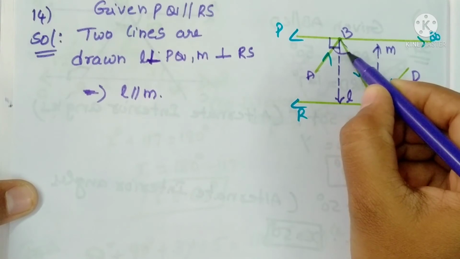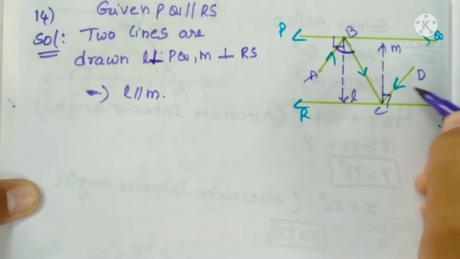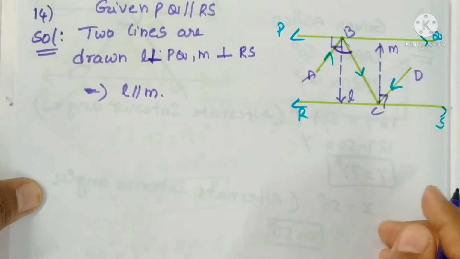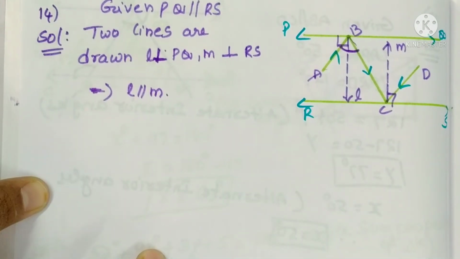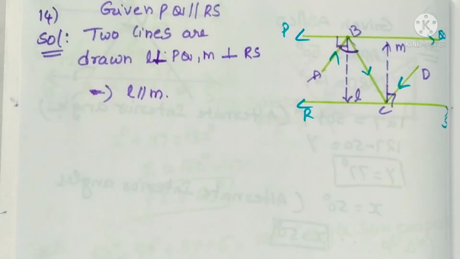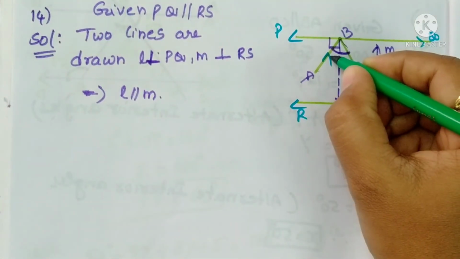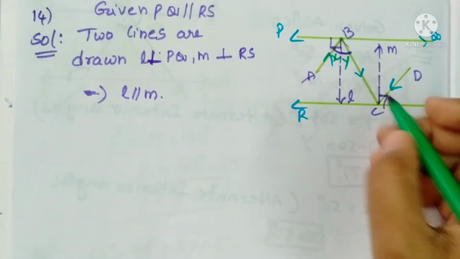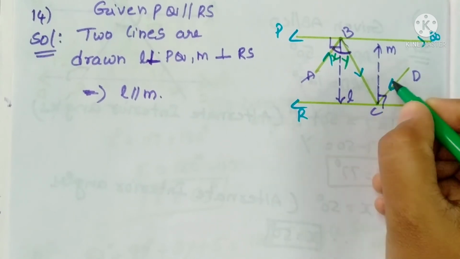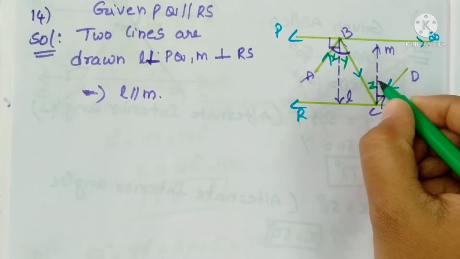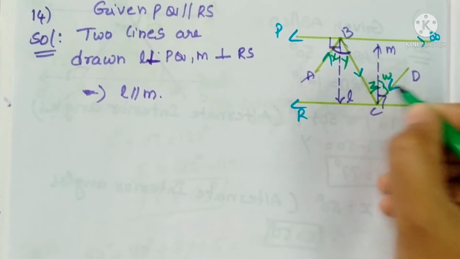So if angle ABC is equal to angle BCD, then they are parallel. Right. So before that, let this be x and here y. Here we can take anything z and this angle w.